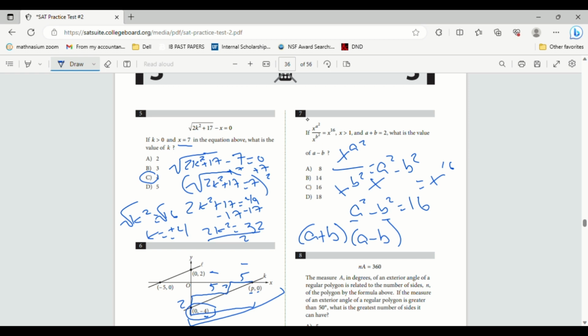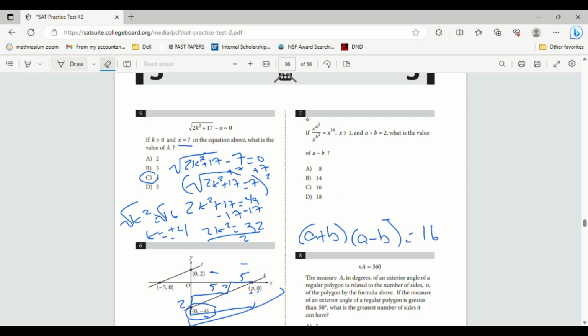So a plus b times a minus b equals 16. And so let's make a bit of room for ourselves up here. And so what do we know? We know that a plus b is 2. So let's substitute in 2 for this. So 2 times a minus b equals 16. Well, what times 2 equals 16? That's 8. 7 is A.